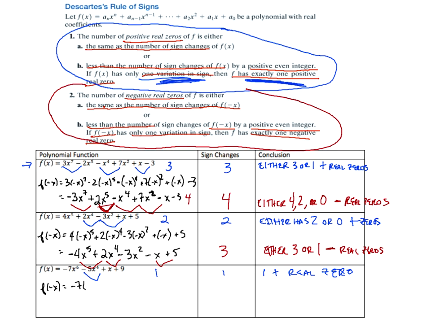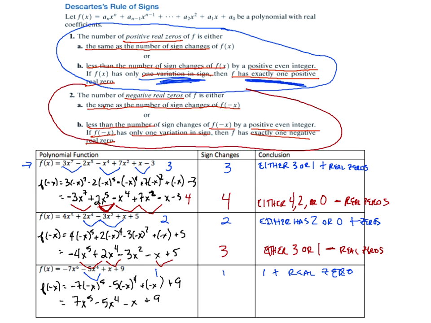So that's negative 7 times negative x to the 5th minus 5 times negative x to the 4th plus negative x plus 9. So this is going to be 7x to the 5th minus 5x to the 4th minus x plus 9.